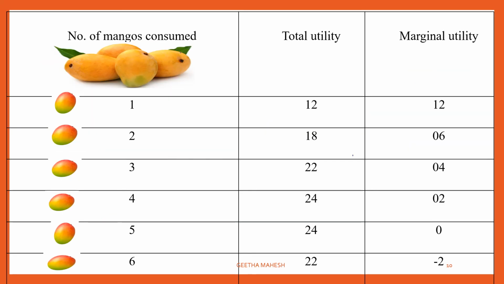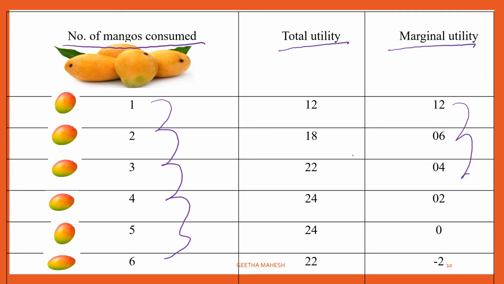Let us understand the law of diminishing marginal utility with the help of a table. In the table you can see the number of mangoes consumed, total utility and marginal utility. When a person goes on consuming a commodity one after the other, the utility derived from each successive unit keeps on decreasing.